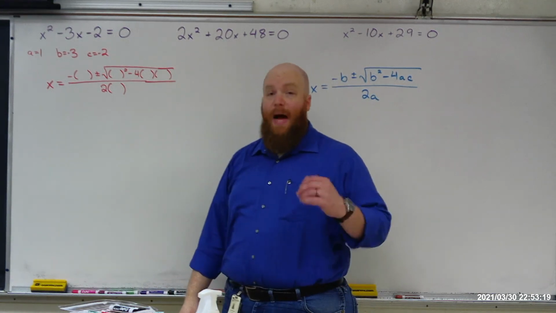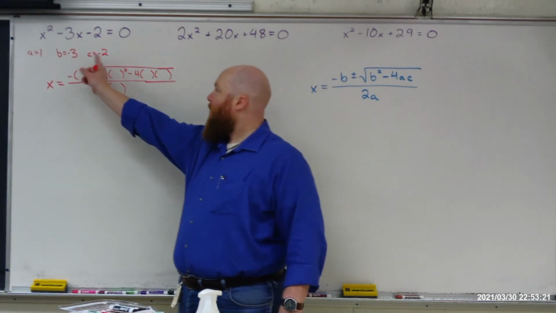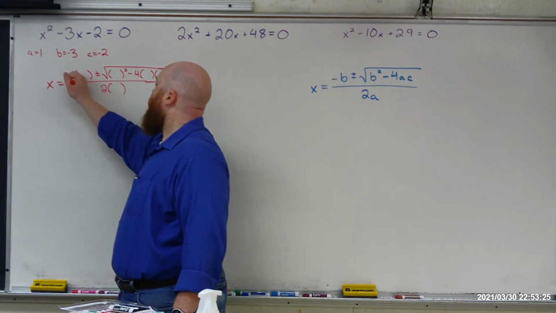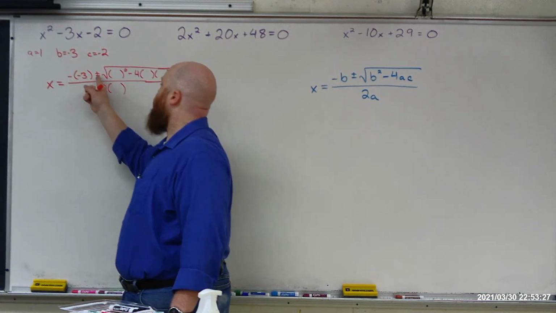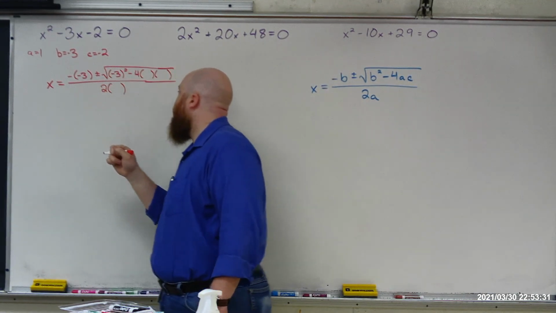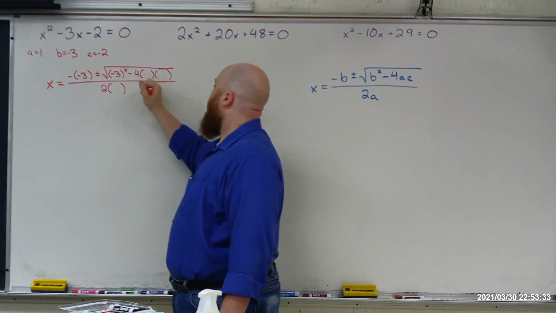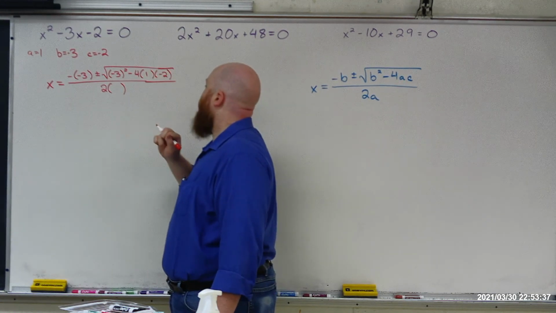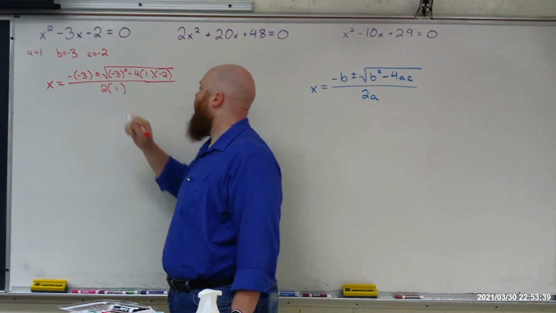And then I just populate the formula with my a, b, and c values. Negative b, well, b was -3, plus or minus the square root of b squared, that was -3, minus 4a was 1, c was -2. All over 2a is 1.